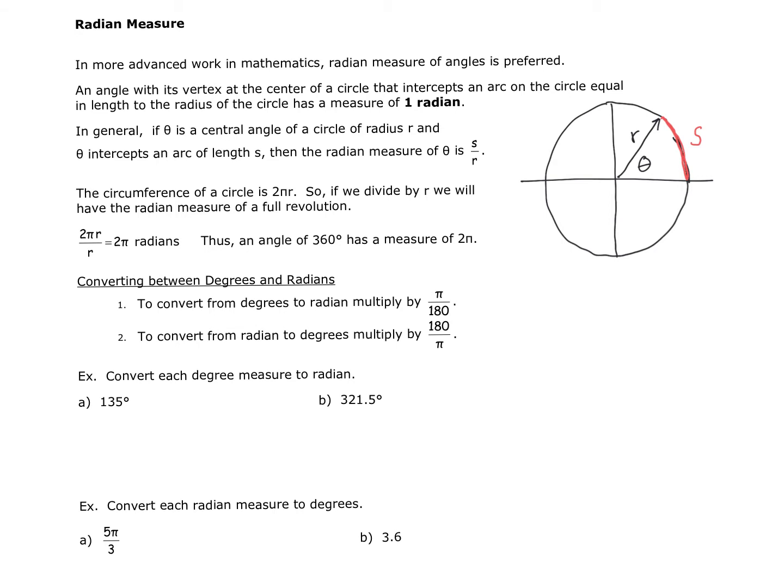We can now say that since the circumference of a circle is 2 pi r, that's all the way around the circle, if we divide by r, then we get 2 pi radians is 1 revolution.